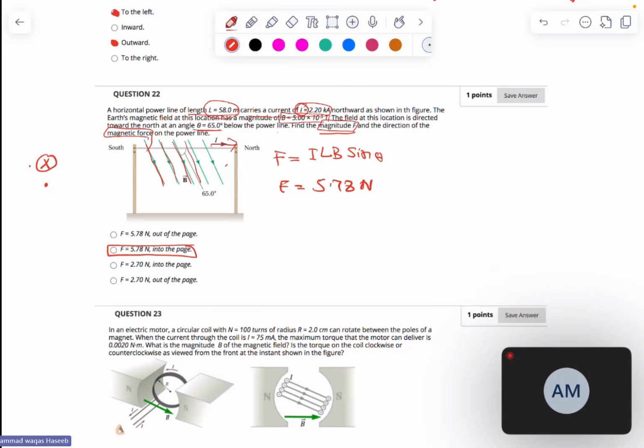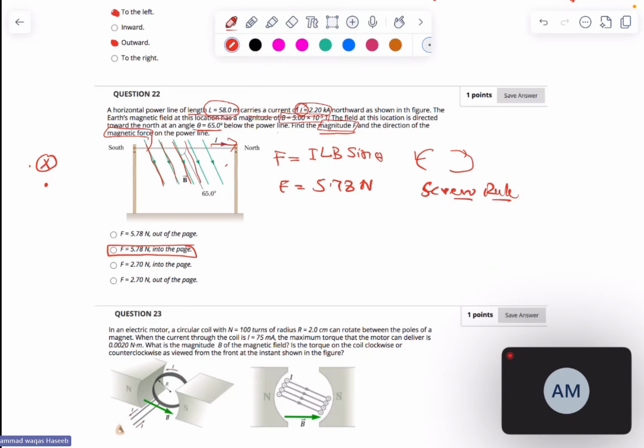Okay, one more important rule to remember. If the current is going like this, clockwise or anti-clockwise, always remember the screw rule. So what is the screw rule? If you tighten the screw, it will go inside.